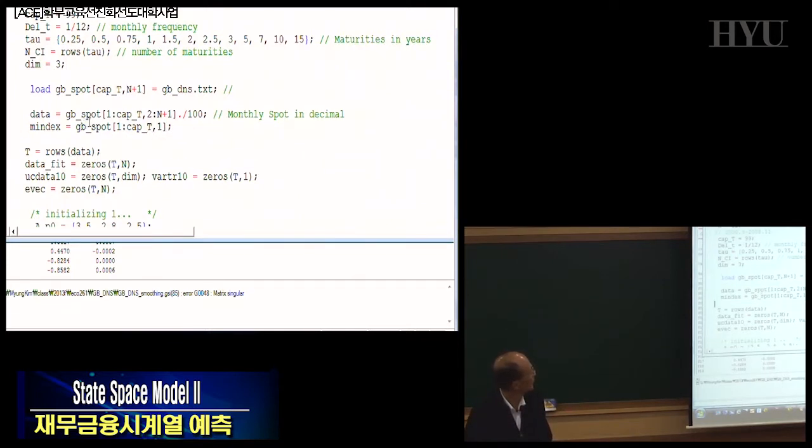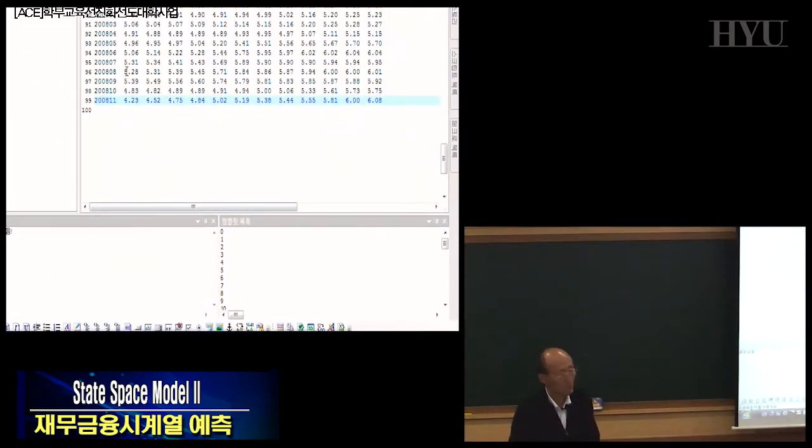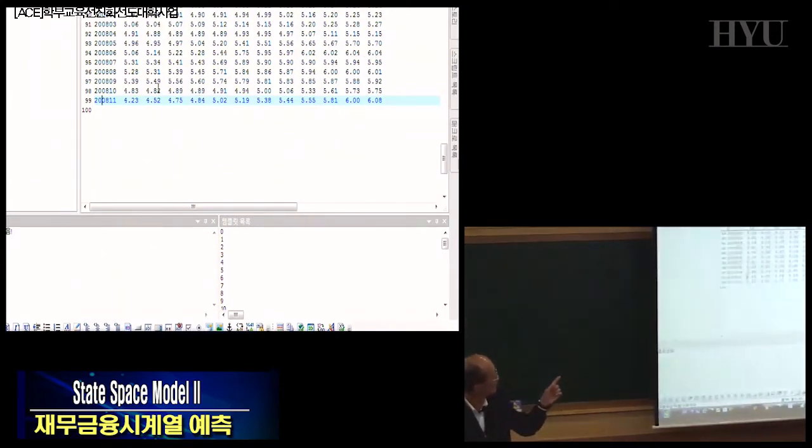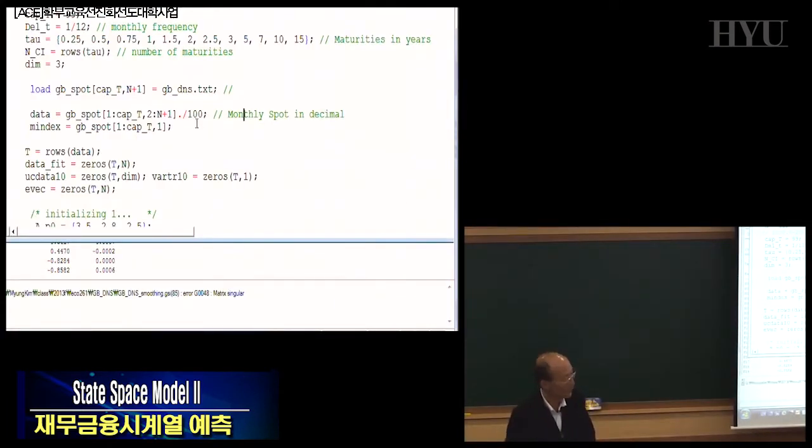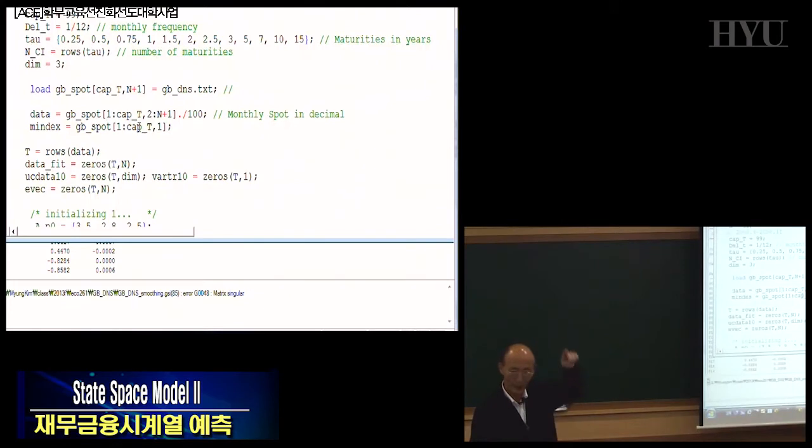We try to make the monthly spot rate in decimal. These are in percent, so we divide these by 100. That is done here. You see 1 through cap T, all data from the first column to the 13th column.